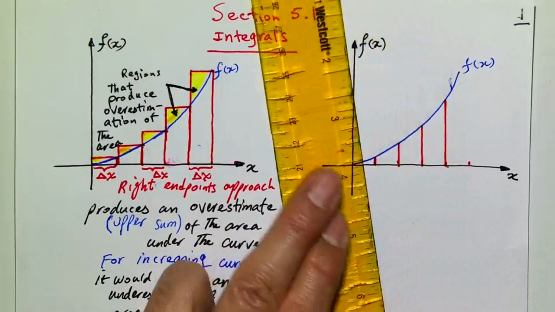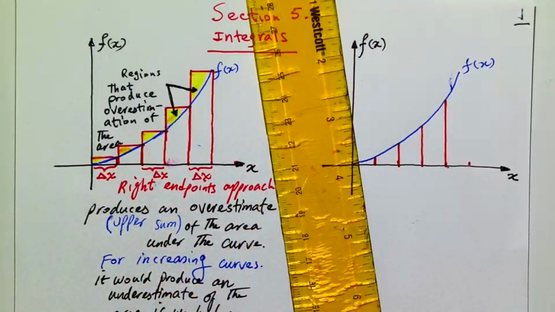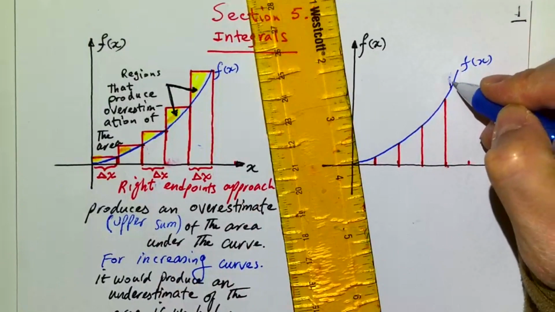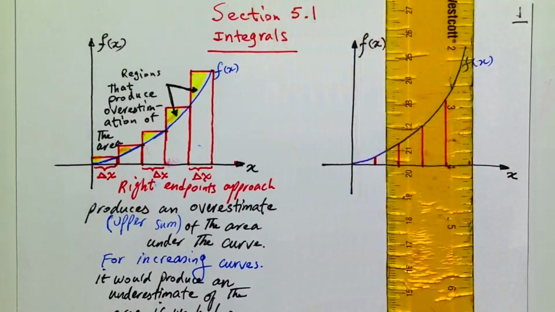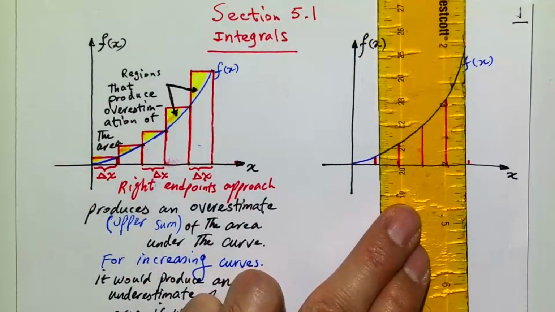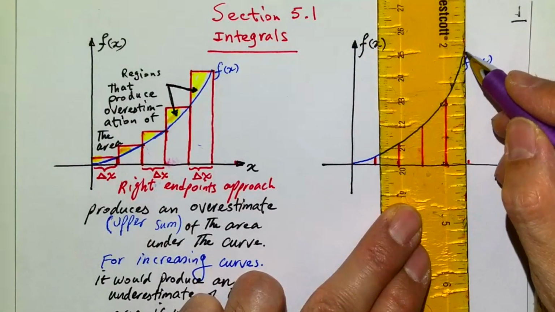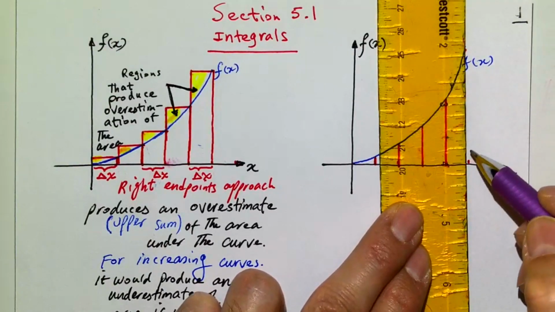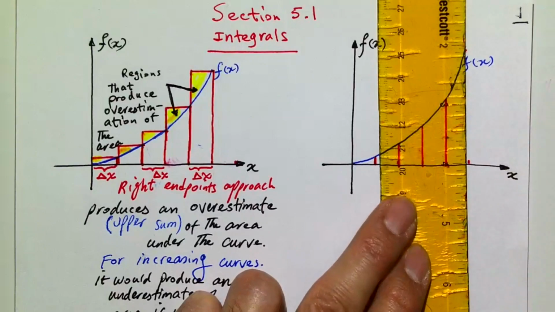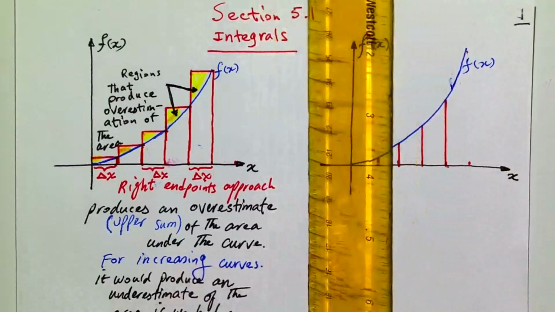And I guess I have to draw this curve a little bit more, like that. And so this would be that. I think that would be sufficient for this one.